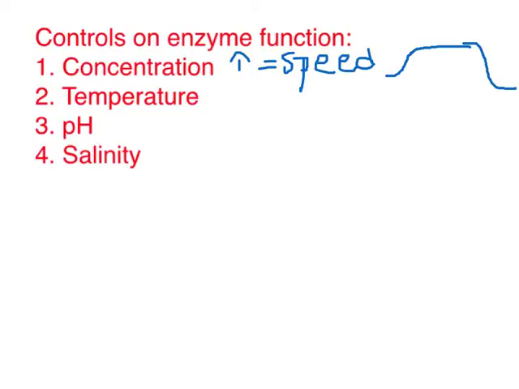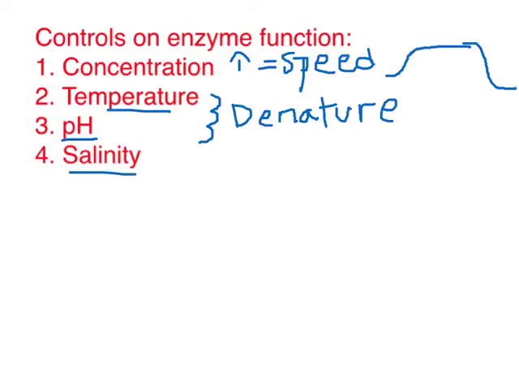Two other things that are important are temperature and pH, and I know in biology you learned about temperature and pH. Specifically, very high temperatures and very low pH can do something called denaturing the enzyme. Salinity or high salt concentration can also denature an enzyme. And denaturing an enzyme happens when the enzyme changes shape.